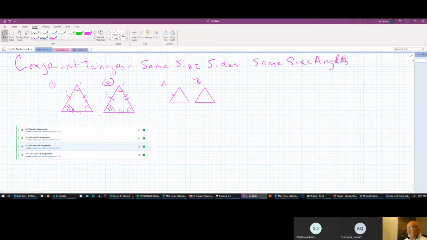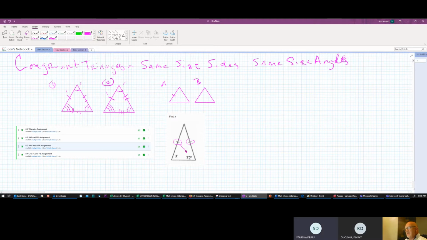Okay. So if I just pull that over into here, I'll make this a little bit bigger. Starsha, you see these tick marks right here? Yes. All right. So that tells us that the sides are the same length, okay?